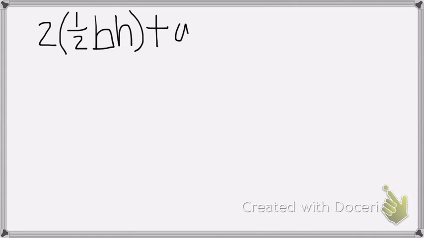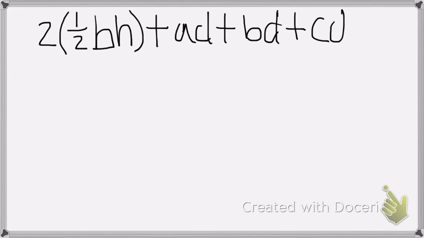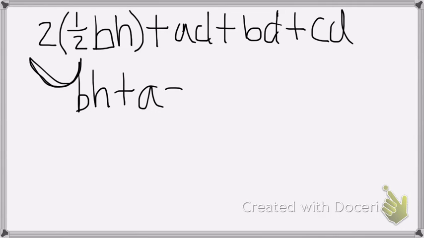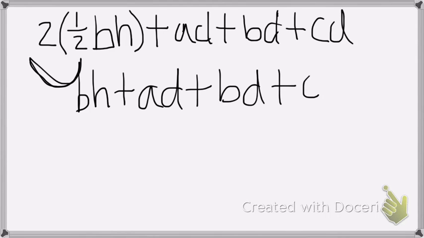So we're going to have our A times D plus our B times D plus our C times D. And since the 2 and the half can cancel out, we can just get rid of those. So we're going to have our base times our height plus one side of the prism plus another side plus another side.